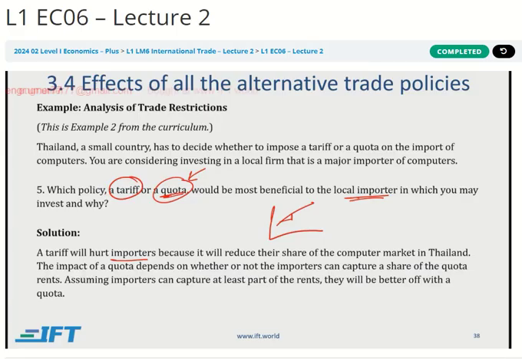So definitely tariff is bad. Quota could be not that bad if they can capture a share of the quota, right? And that's probably going to be through a licensing process, and some of these emerging markets are difficult to navigate in terms of landing those permits and licenses.